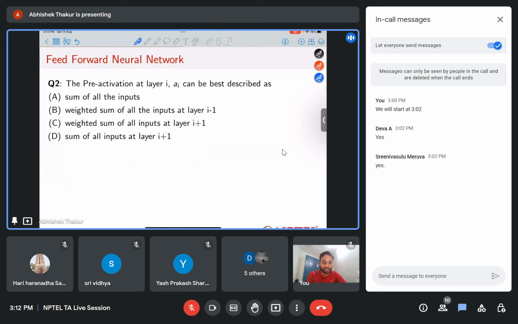Now, in this question, can you please answer? The question is, the pre-activation at layer i, that is Ai, can be best described as. Can you answer this question?